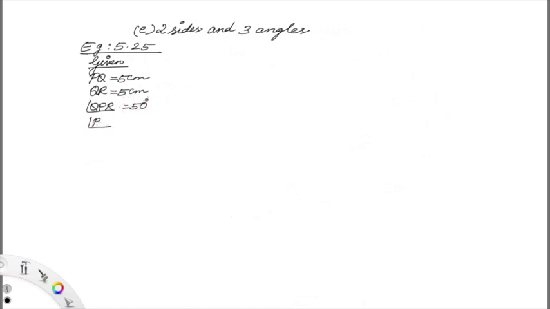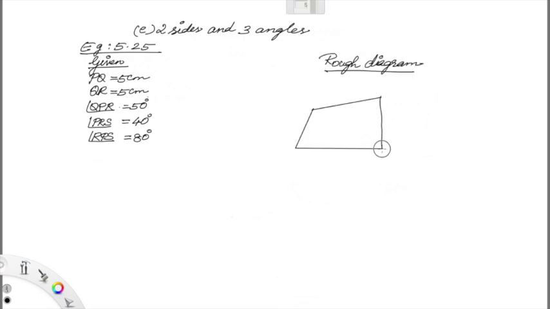Angle PRS is 40°. And angle RPS is 80°. You are asked to construct a quadrilateral PQRS.